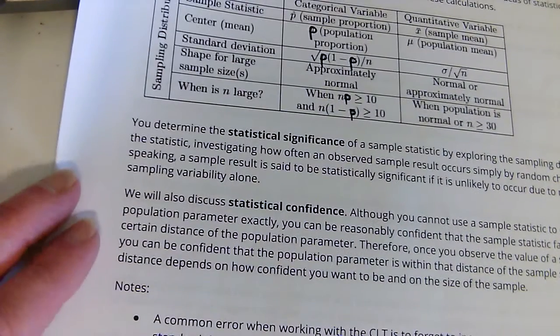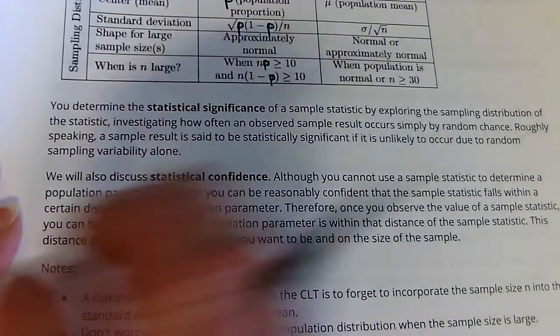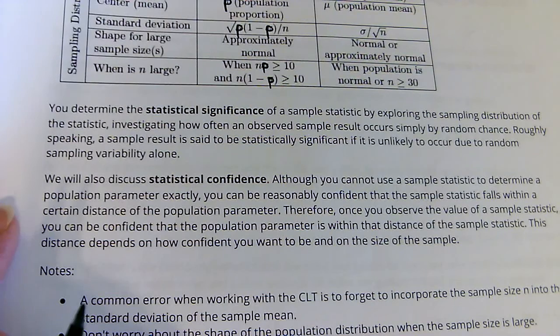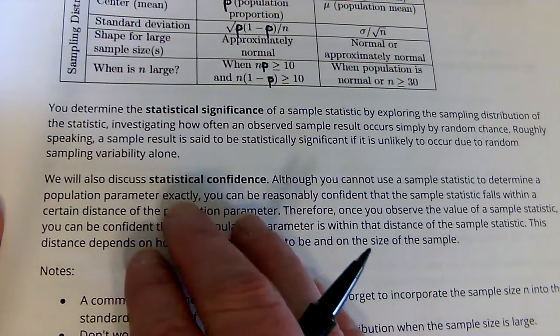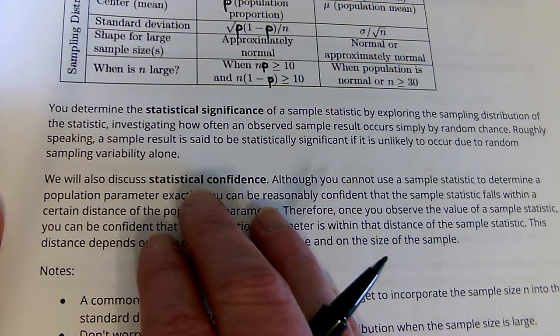We determine statistical significance of a sample statistic by exploring the sampling distribution of that statistic, investigating how often an observed sample result occurs simply by random chance. Roughly speaking, a sample result is said to be statistically significant if it is unlikely to occur due to random sampling alone. We will also discuss statistical confidence.